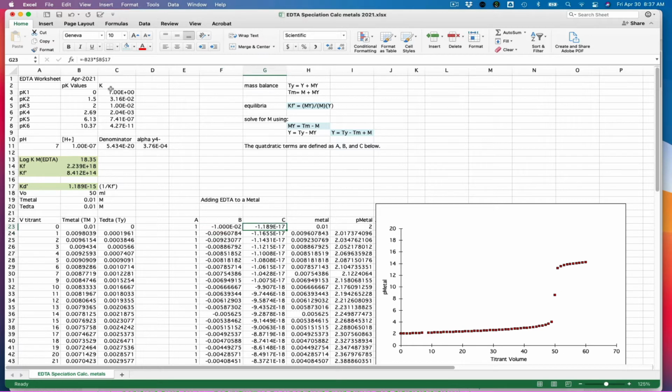Now my c term is just Kd, or 1 over Kf, negative 1 over Kf, times B17, which is total metal. Okay, so that's my a in the ax squared, b in the bx, and c, the intercept, in my quadratic equation.